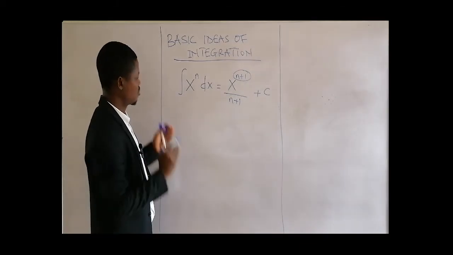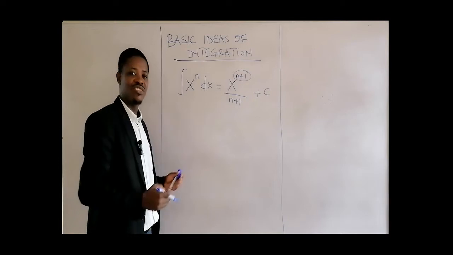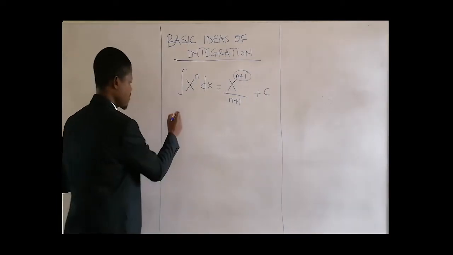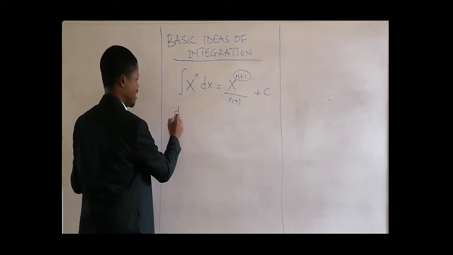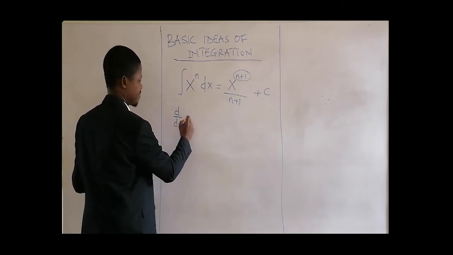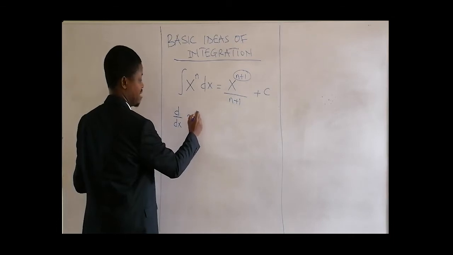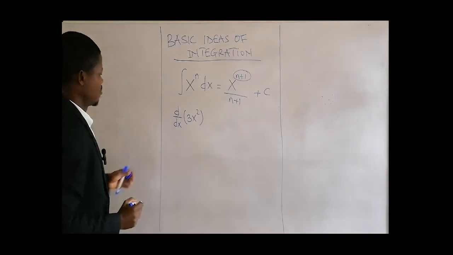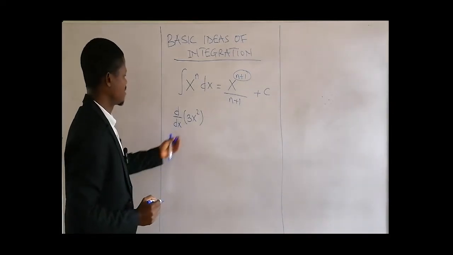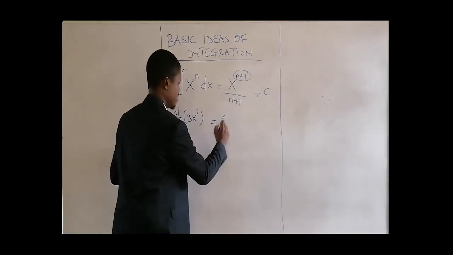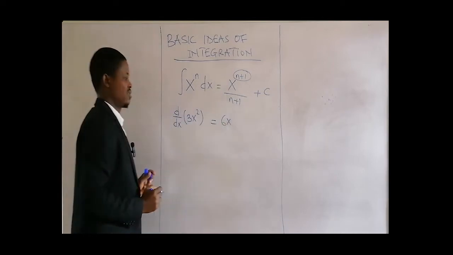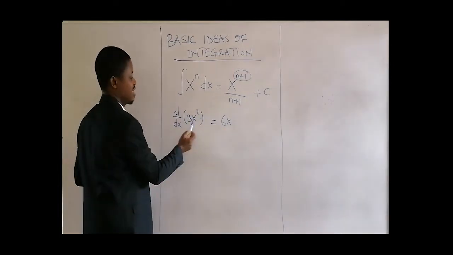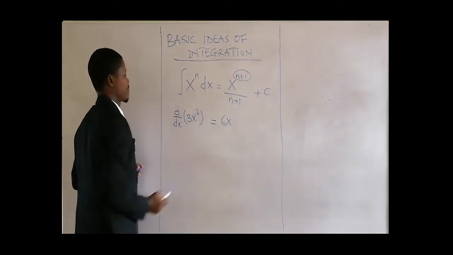Now I want to show how integration is the opposite of differentiation. Let's say you have d/dx of 3x squared. The derivative of this, we know, is 6x, which is the 2 going to the front, 3 times 2 is 6, and then the power minus 1.